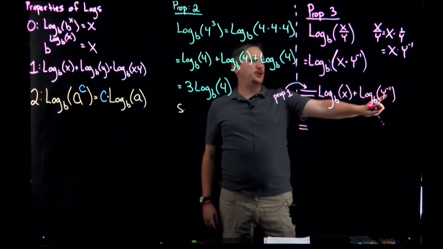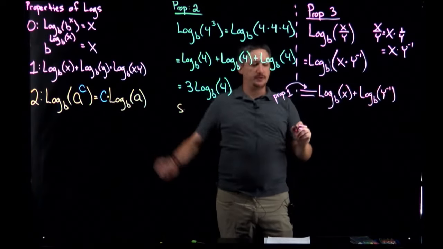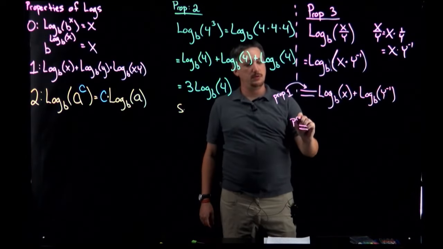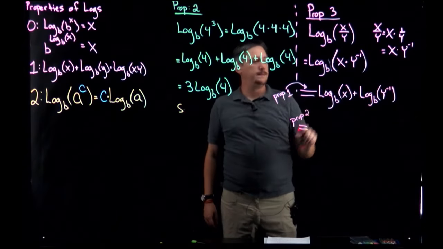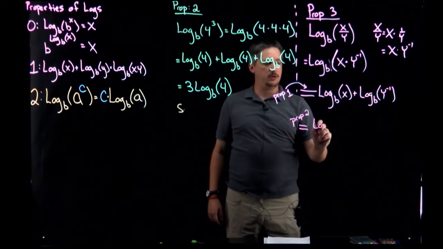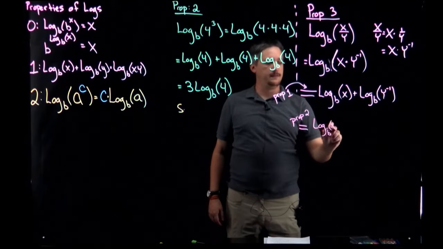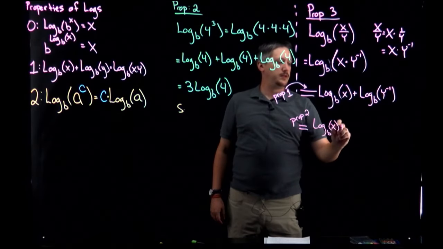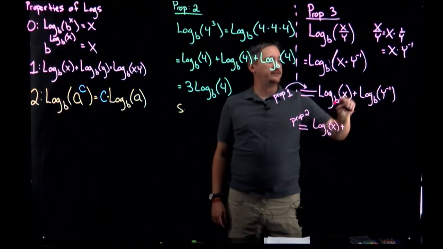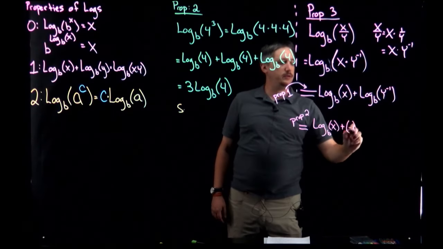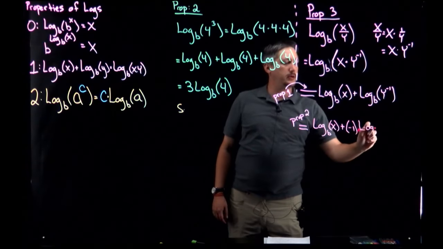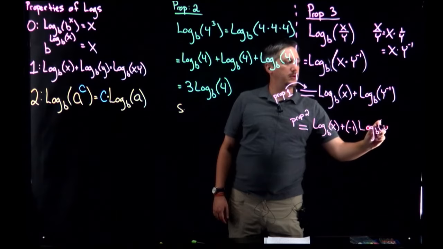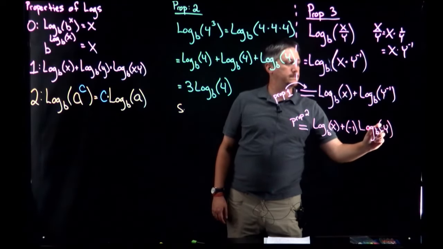But this is y to a power, so using property 2, this thing is still the same, log base b of x plus, and now I can pull that power in front, negative 1 times log base b of y.